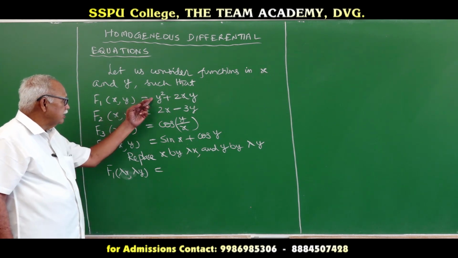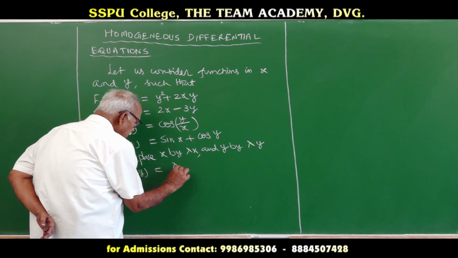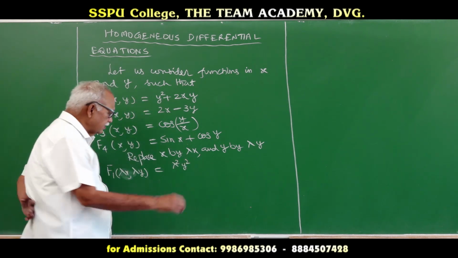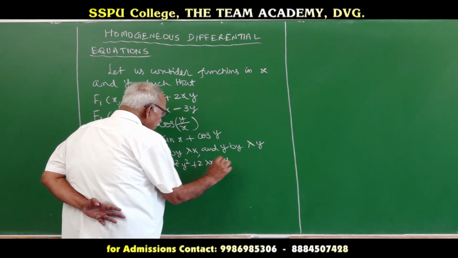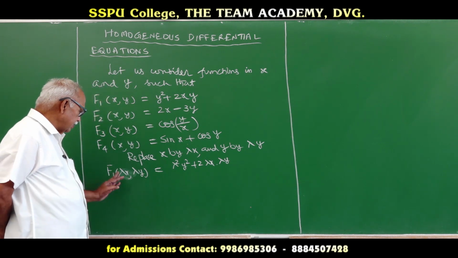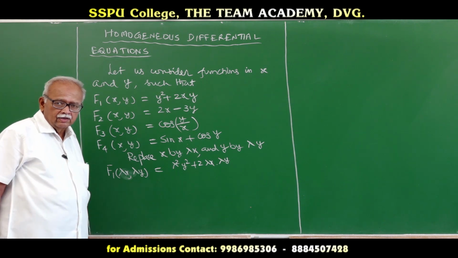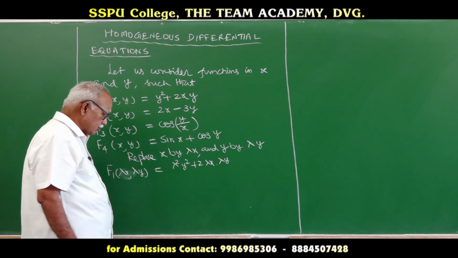Now, what happens here? y square will become lambda square y square, plus 2 into lambda x into lambda y. You understand this? We are replacing x by lambda x and y by lambda y, where lambda is a non-zero constant.